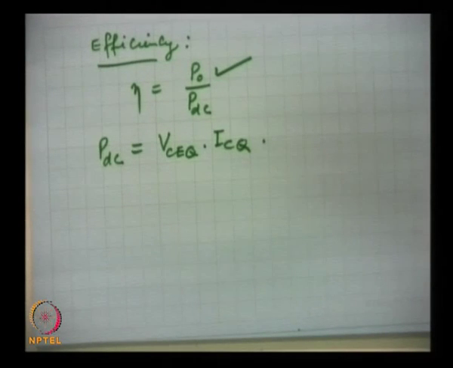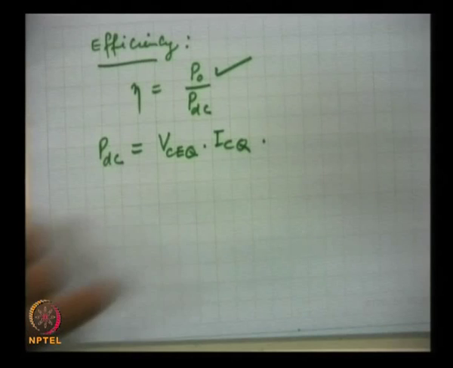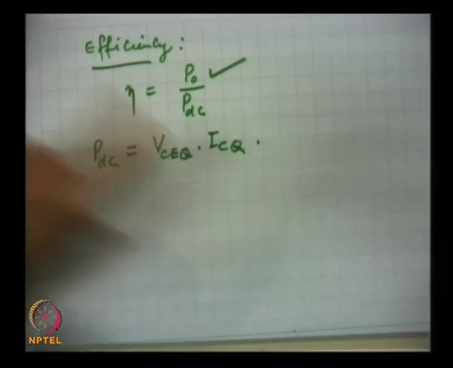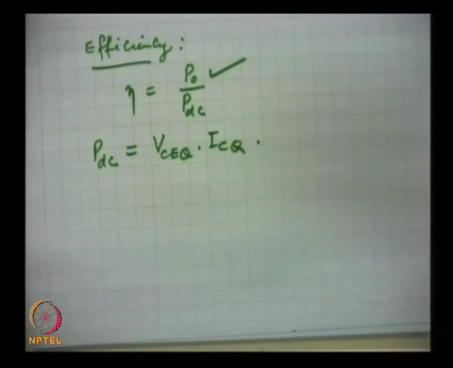Now, one thing is very important to remember, that ICQ is 0, because we have chosen the operating point at the cutoff point. So, in the absence of the signal, the ICQ is 0.